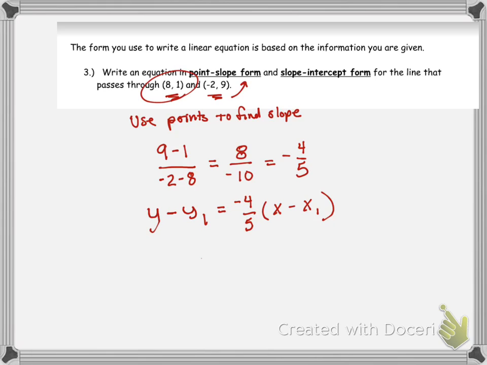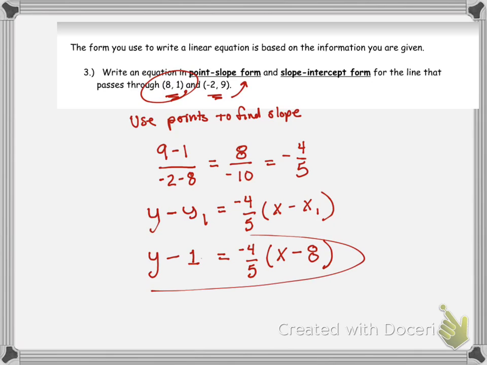I'm just going to use the first ordered pair, 8, 1, and I'm going to plug those values in. So the y value there is 1, and our x value that goes with 1 is 8. And so now we have point slope form of that equation.